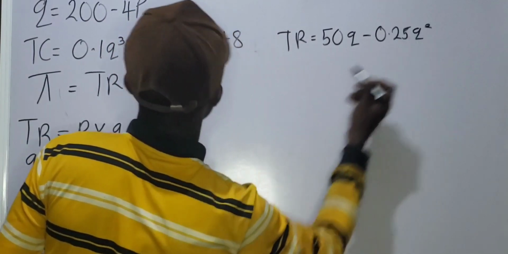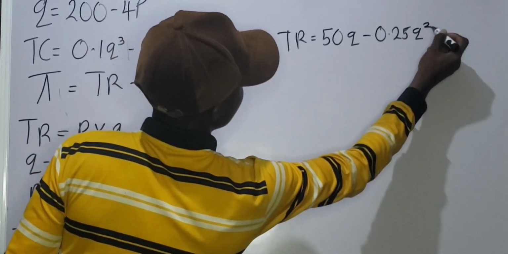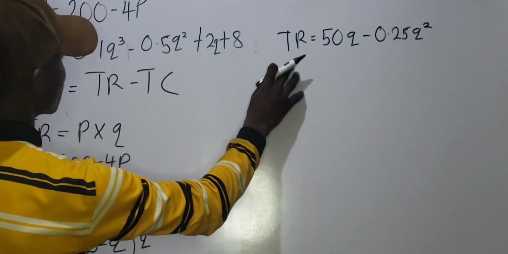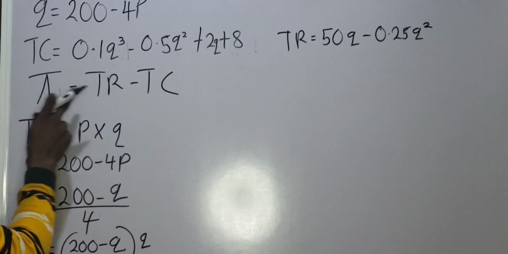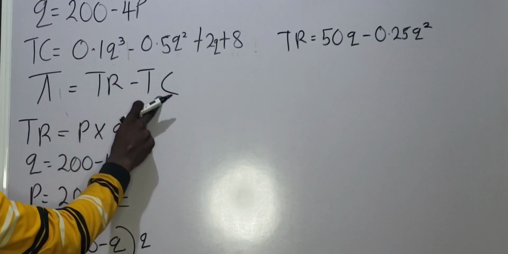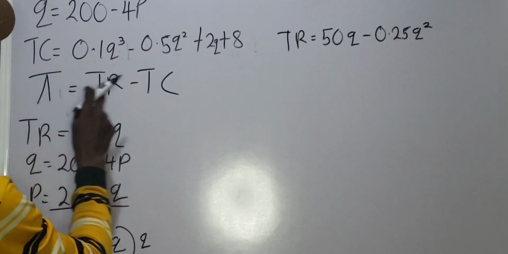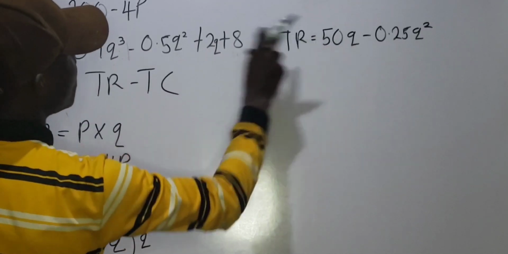Okay? So now we have the total cost function and the total revenue function. Don't forget that profit is total revenue minus total cost. So in order to get the profit function, I'm going to subtract the total cost function from the total revenue function.